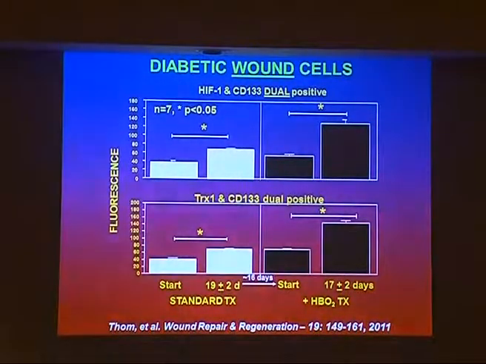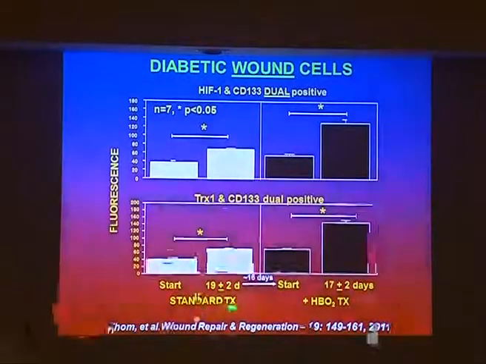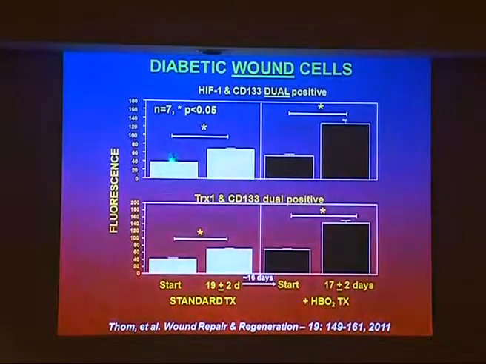And now we're looking here at this particular slide at not just stem cell number, but we're looking at fluorescence for intracellular proteins. In the first bar, hypoxia-inducible factor 1 or thyroidopsin, critical enzymes for the regulation of stem cells. So this is while some patients are getting standard therapy, the wound margin at the start, and at the end of about 3 weeks, there's an elevation.